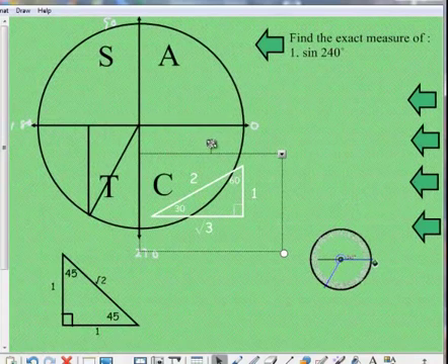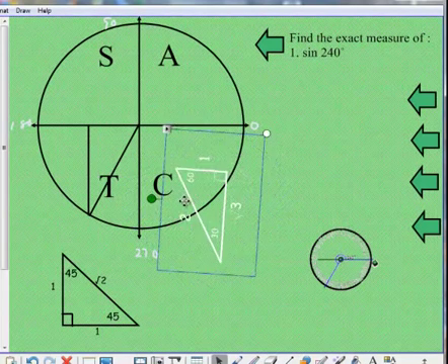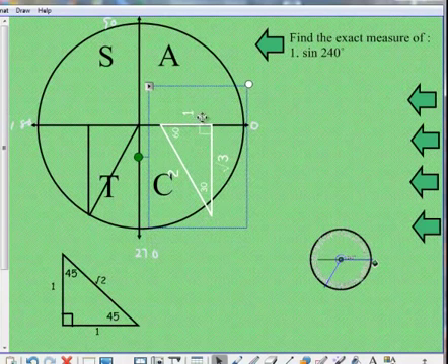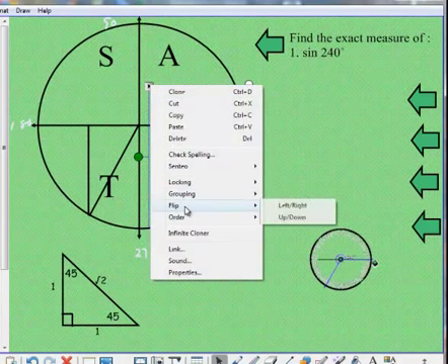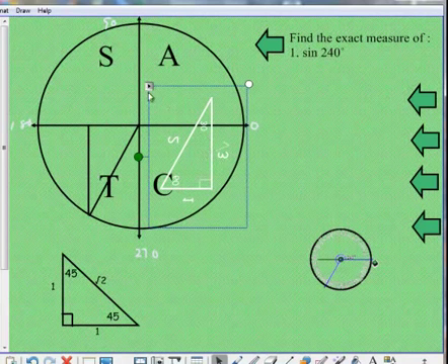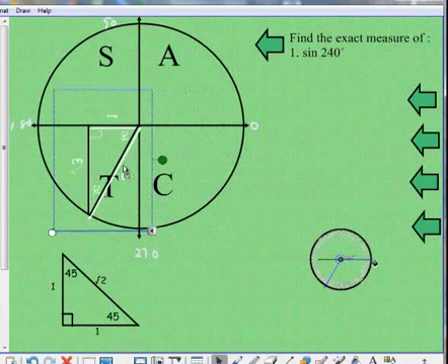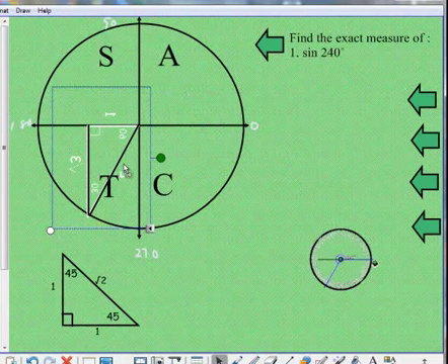If I played with this triangle, and I rotated it, and then I flipped it, look what happens. Hey, it fits right over the triangle the Greeks were using.